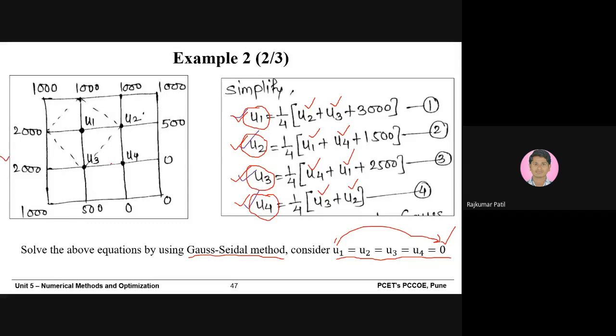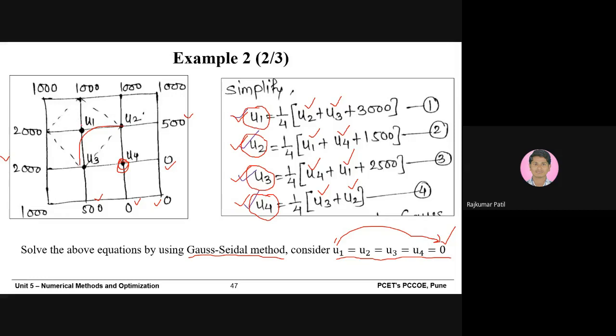So when you think about U4, you just check the neighbor values. So neighbors are 0, 0, 0, 500, and here also 500. The remaining ones are unknowns. So approximately you can take U4 close to 250 from our logical point of view. There is no issue.